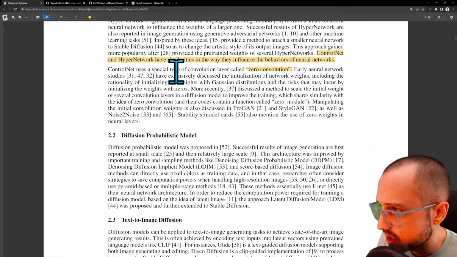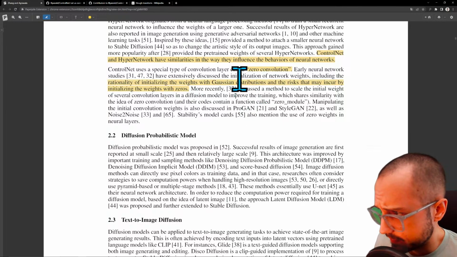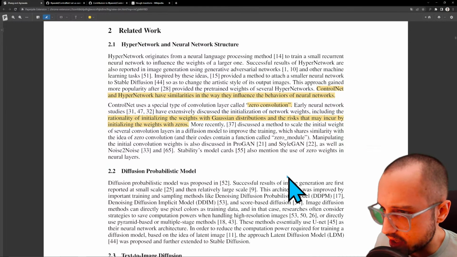Early neural network studies have extensively discussed the initialization of network weights, including the rationality of initializing the weights with Gaussian distributions and the risks that may incur by initializing the weights with 0. Yeah, so this is kind of what we were referring to, where kind of common sense is that you don't want to initialize neural networks with a bunch of 0 weights.